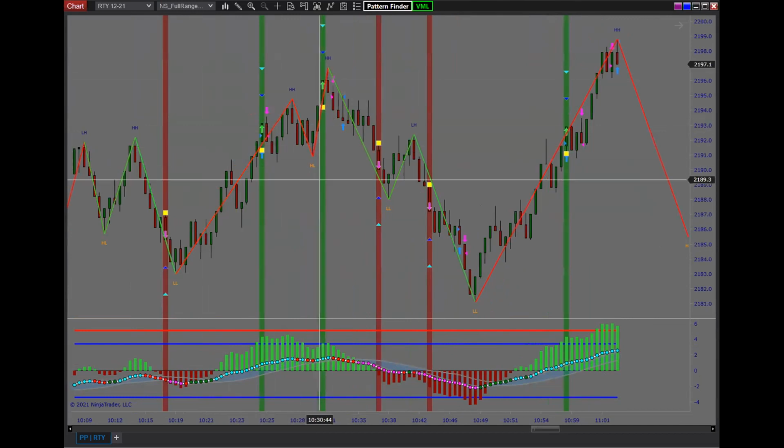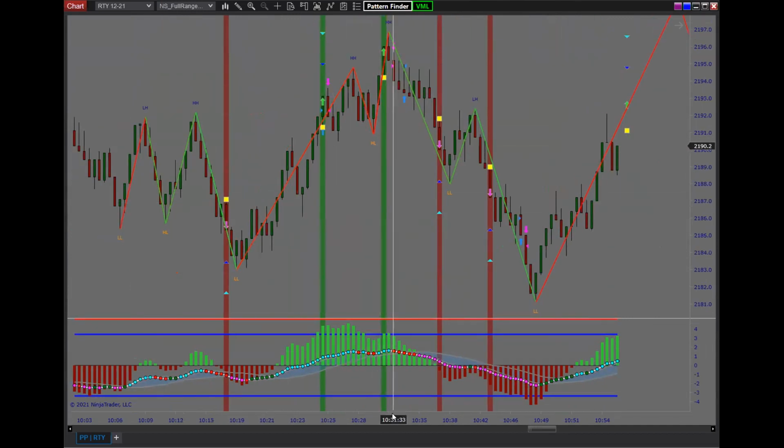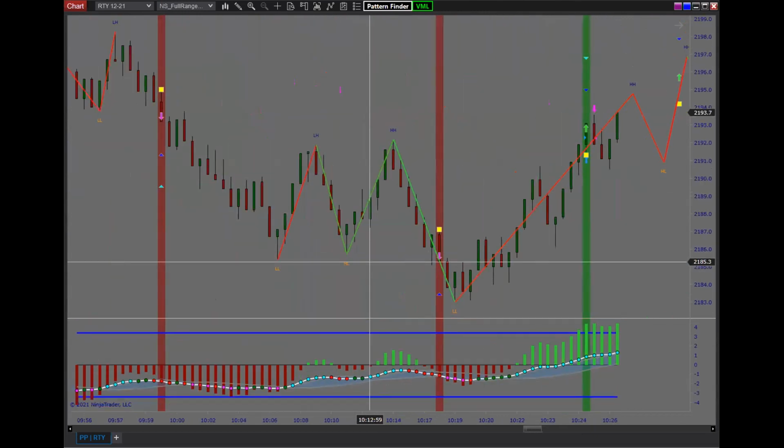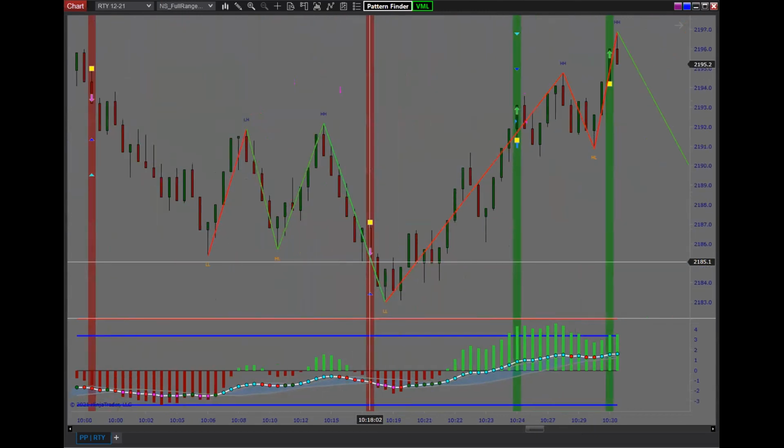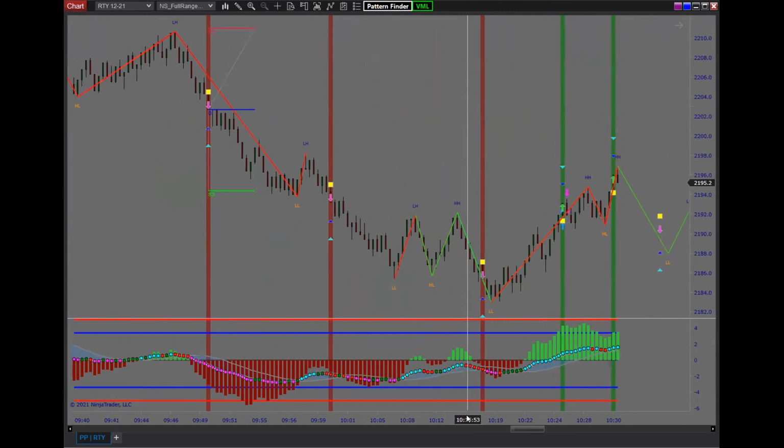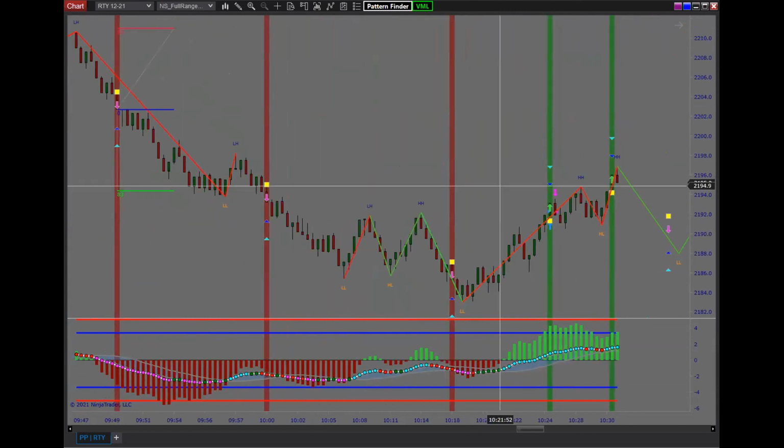So there's a potential opportunity here. What about this trade signal here? I mean, we can see it doesn't work, but if you're looking at this, do you want to take that trade? Technically, we have wave 1, 2, wave 3. That's a wave 3 break.